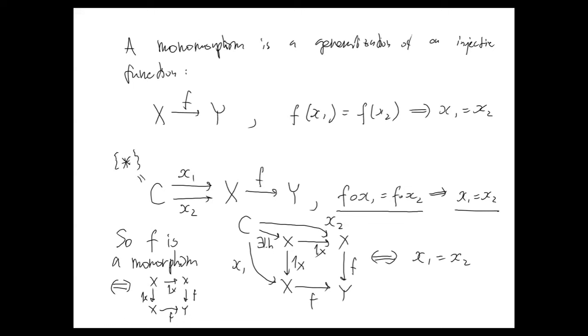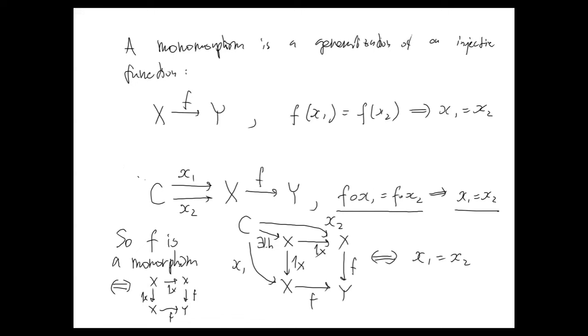Indeed, when C is a singleton, the definition we have here of monomorphism reduces to the injectivity definition, because a map from a singleton to X is just the same. To name such a map is the same as to name an element of X. The same for the other map. And then these composites being equal to each other reduces to the values of f being equal at x1 and at x2. But now we're moving away from a singleton to an arbitrary C.